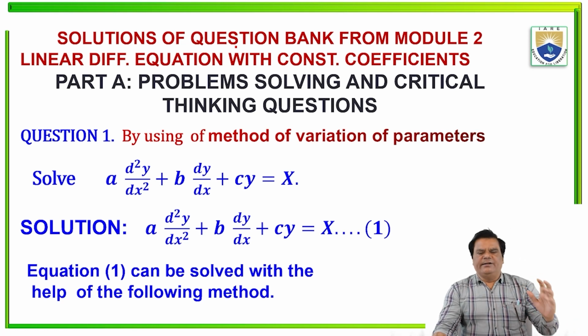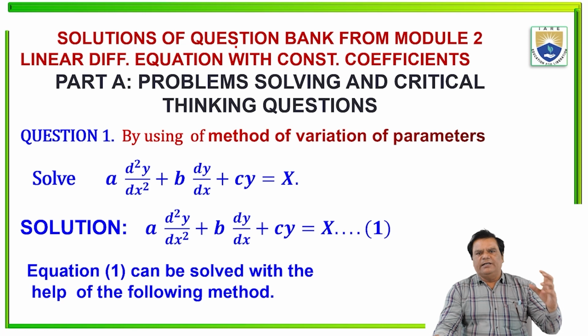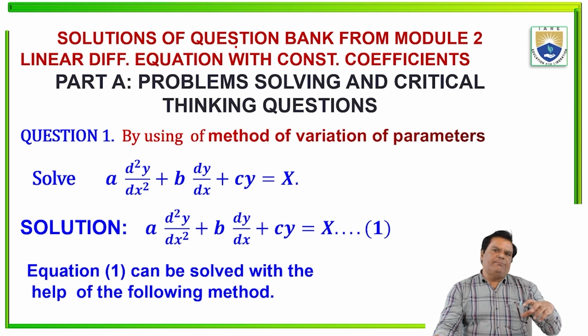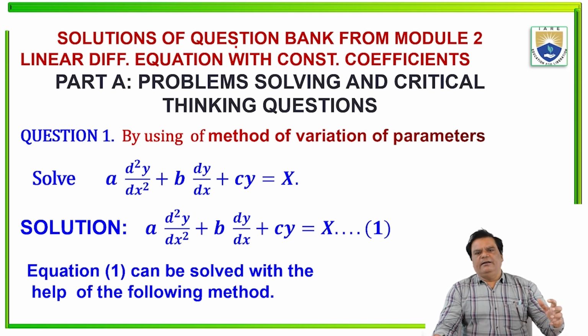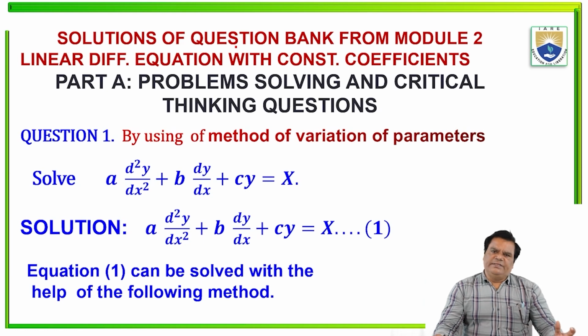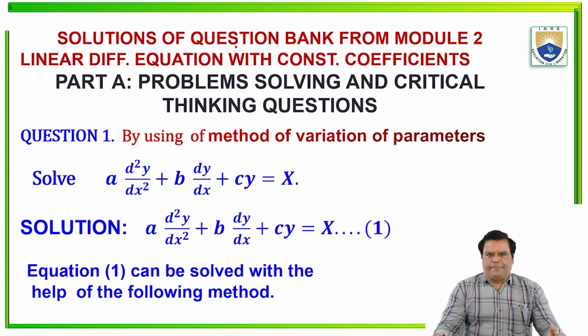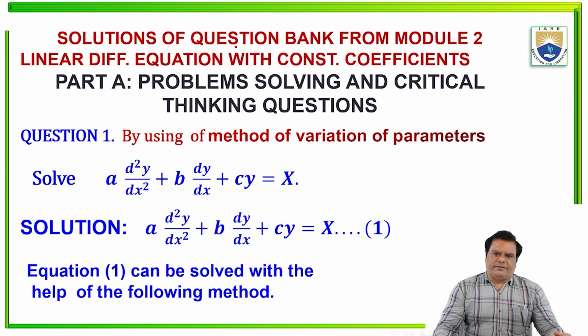Here I am taking a second order differential equation with constant coefficients and I want to solve the general equation completely with the method of variation of parameters. How can we apply it to a general linear second order differential equation with constant coefficients? First I will discuss the method in detail, and then I will solve a problem based on it.